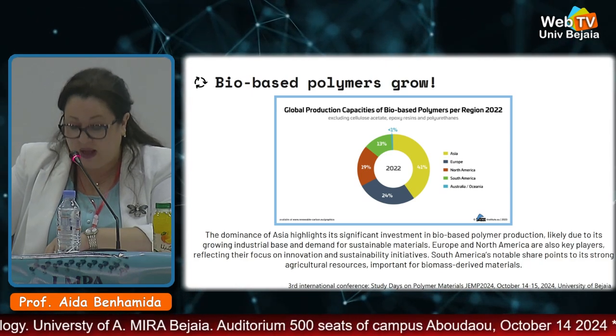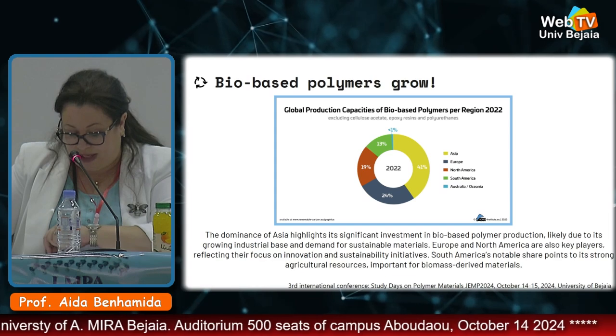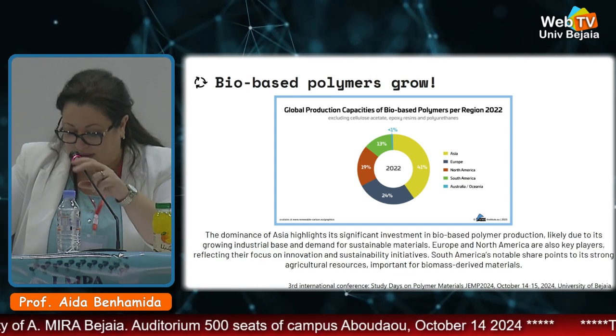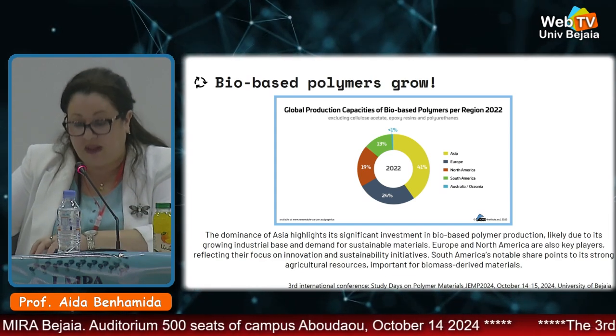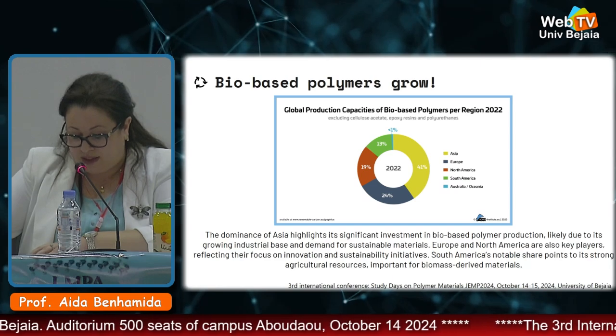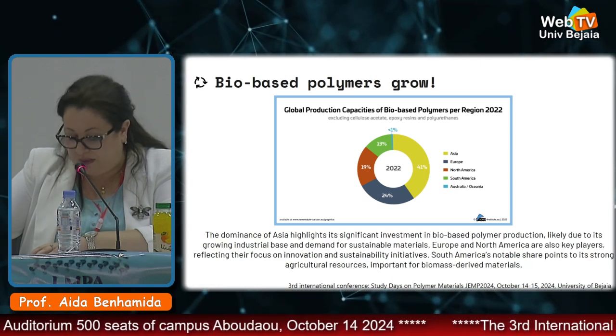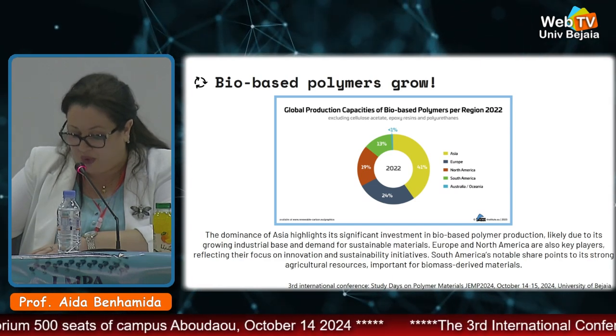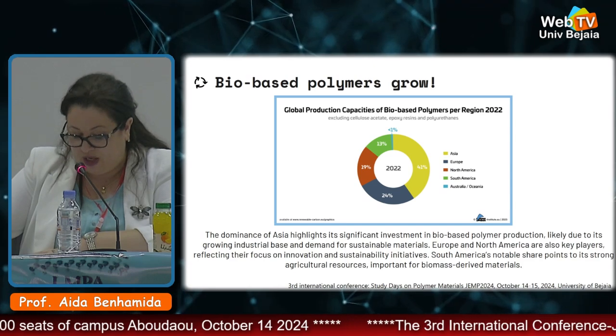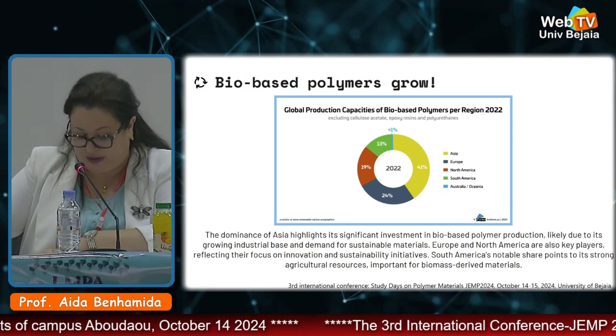Europe and North America are also key players, reflecting their focus on innovation and sustainability initiatives. South America's notable share points to its strong agricultural resources, important for biomass-derived materials.